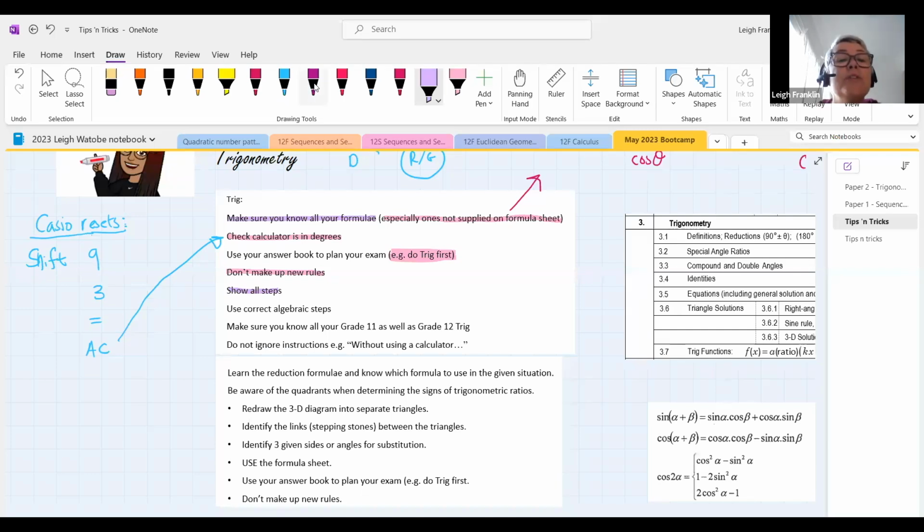As far as trig is concerned, when I say show all steps, make sure that if you use reduction formulae, you show what you get when you were reducing. Show your answer when using reduction formulae.